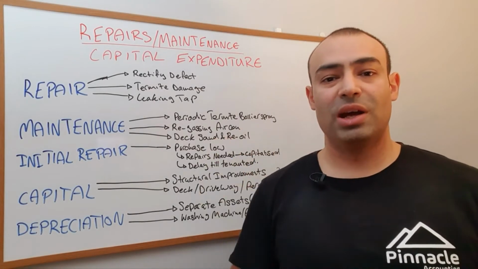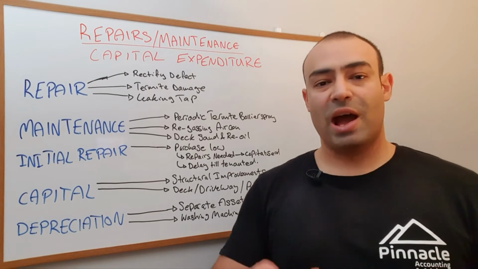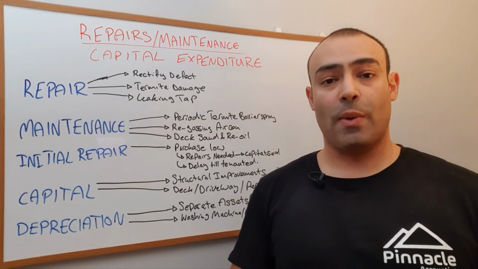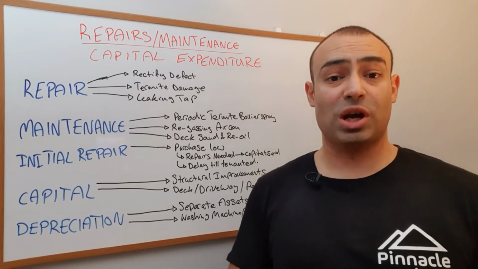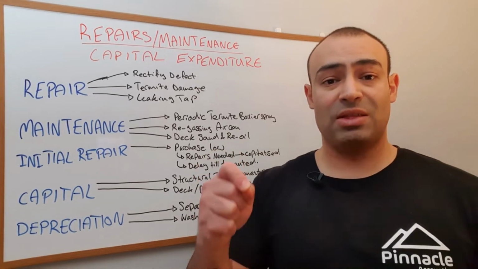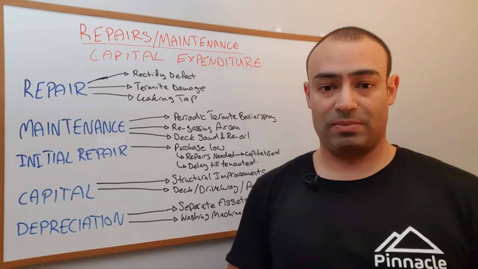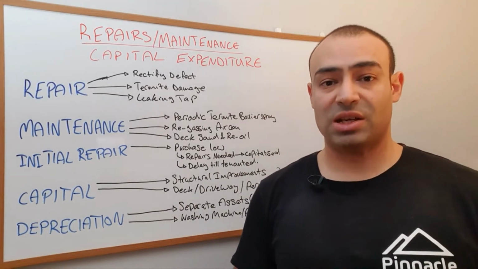Number 3, initial repairs. And so many people get this wrong. They don't understand it. They go out, they incur a whole lot of expenditure, thinking that it's going to be claimed in that particular year that they incur it, but that's not the case.